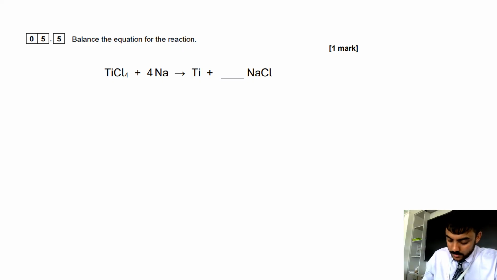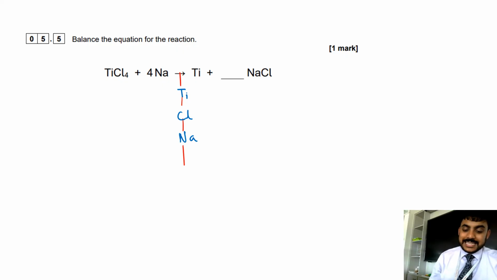To balance any equation, I start off by putting a dotted line down the middle. Then on my dotted line I write down all the elements that are involved. Titanium is involved, chlorine is involved, sodium is involved, and those are the 3. Then I go around and count up how many there are on the left and the right hand side.